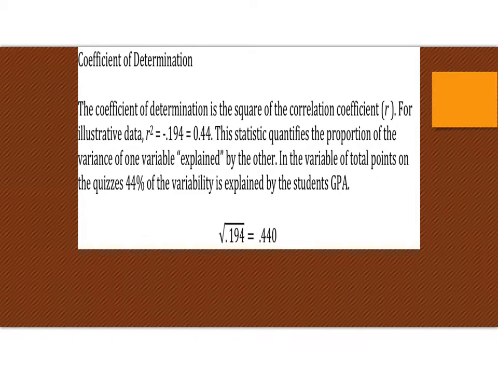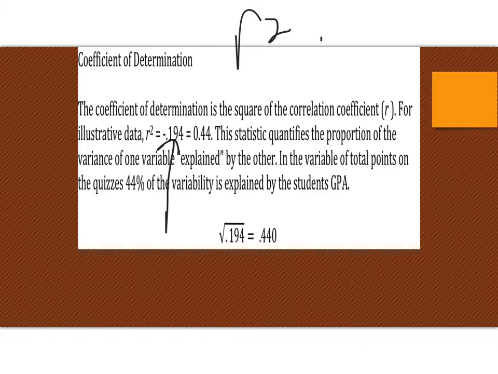Now we're going to talk about the coefficient of determination. It's R squared. Not only do we need to know if it's correlated, but how much it's correlated. So understand this. This number right here is the correlation number.